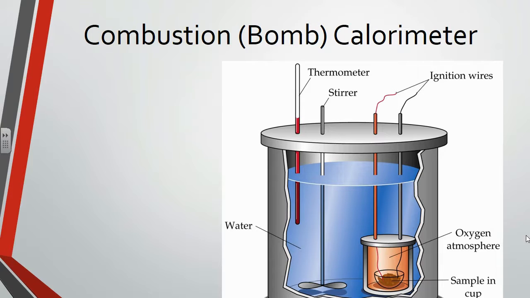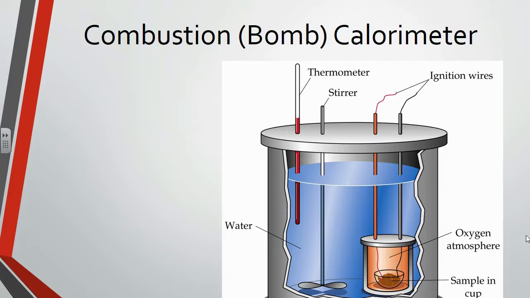Well, a bomb calorimeter is a much better way to show how much energy is being given off in a substance. Basically, you have a little chamber, and inside this chamber you have whatever food you have. So how many calories does this food have? Well, you put that little sample of food in there. These are ignition wires, meaning that they're going to electrocute the food and catch it on fire.